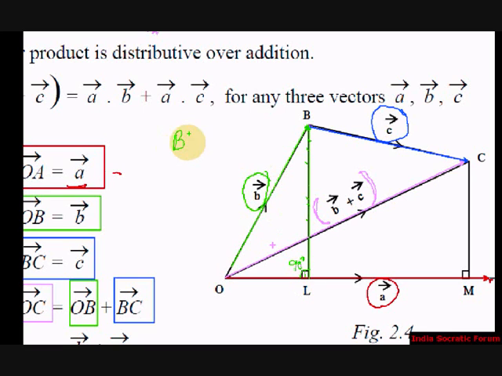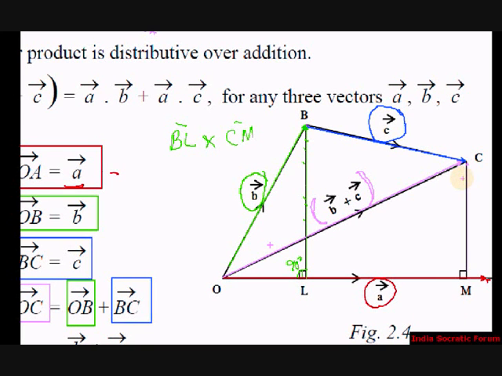This is BL and this is CM. There is another perpendicular we draw from the point C onto the vector OA. This is OA, so here we draw this CM. When it is a perpendicular, the angle is 90 degrees.